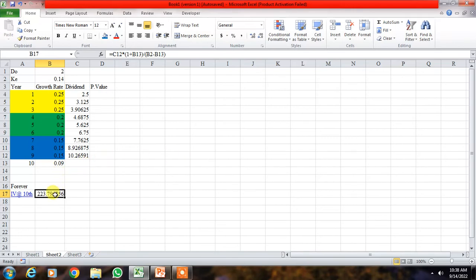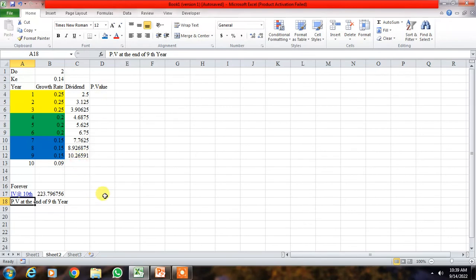So in other words, I can say that this is the present value at the end of the 9th year of all those expected cash flows which are supposed to continue onward.